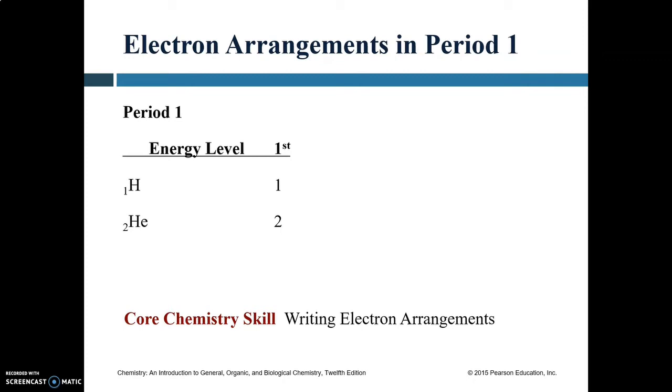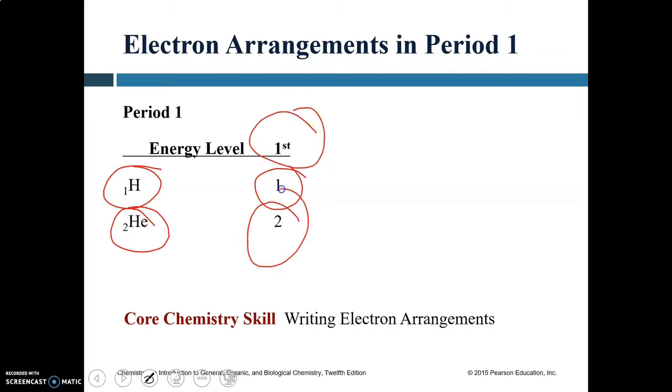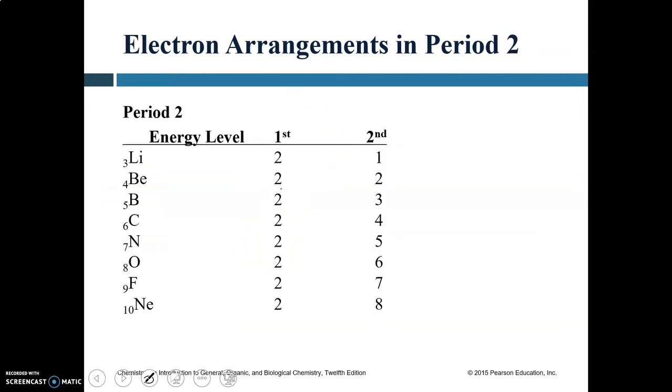So we're going to talk about the electron arrangements in different periods. We're going to start with period 1. Hydrogen has only one energy level and there's only one electron on it, while helium also has one energy level, but it has 2 electrons on it.